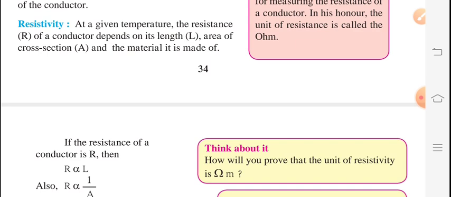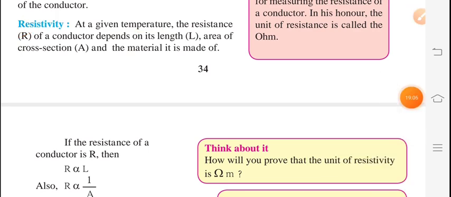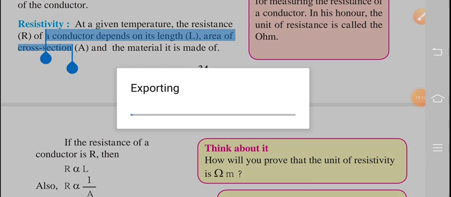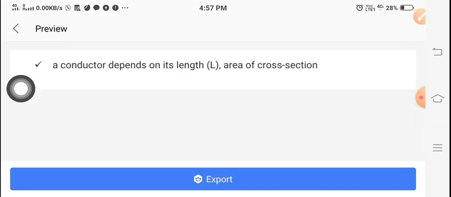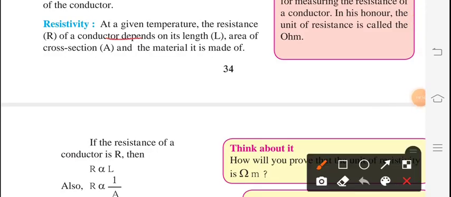Resistivity: at a given temperature, the resistance R of a conductor depends on its length, area of cross section A, and the material it is made of.